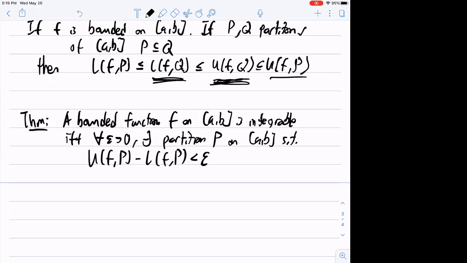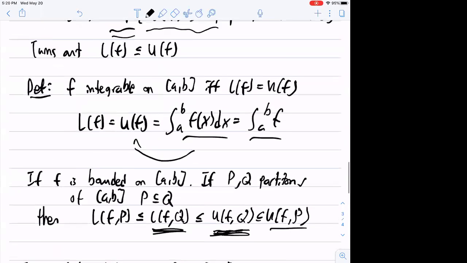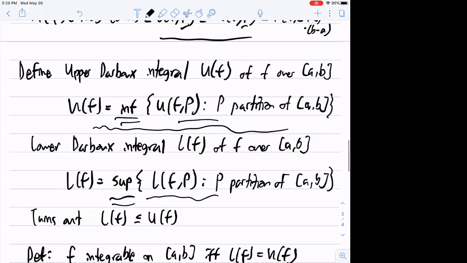Yeah, and the way you sort of see this, let me just try to convince you, is it's just the definition of sup and inf, right? So in English first: if U of f is an infimum, remember, if you have an infimum, there's a sequence of points going to it, right? In this case, there's a sequence of partitions going to the infimum.